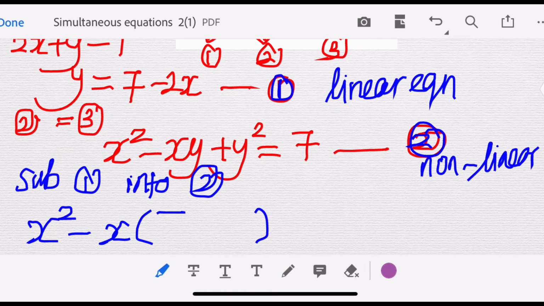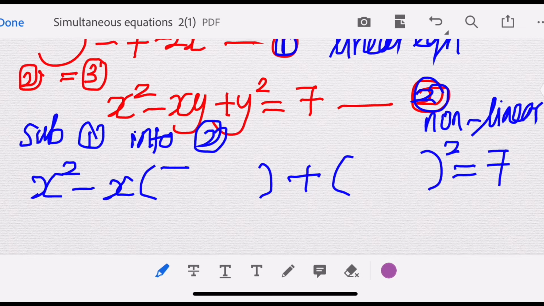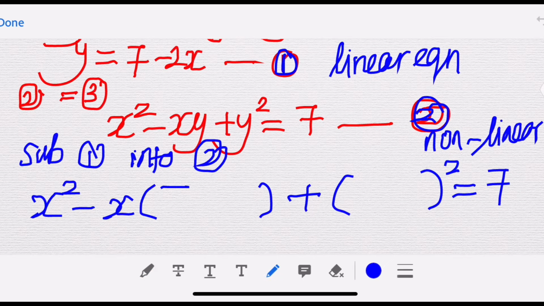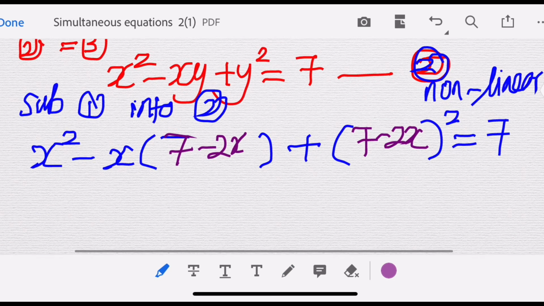So when I see y, I will write 7 minus 2x, because my y is 7 minus 2x. So I'm going to substitute 7 minus 2x into the equation number 2.